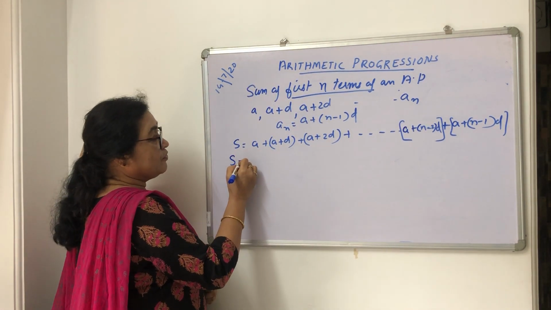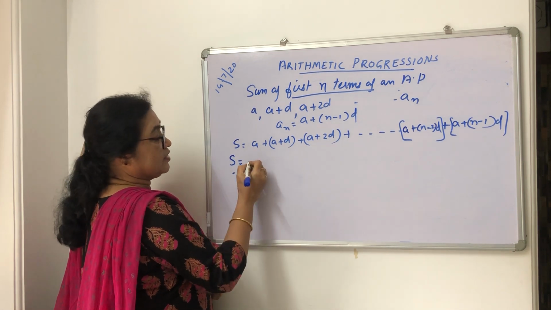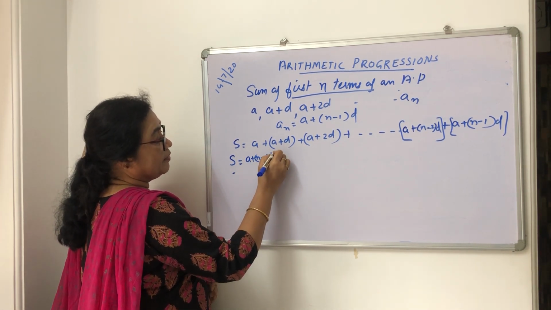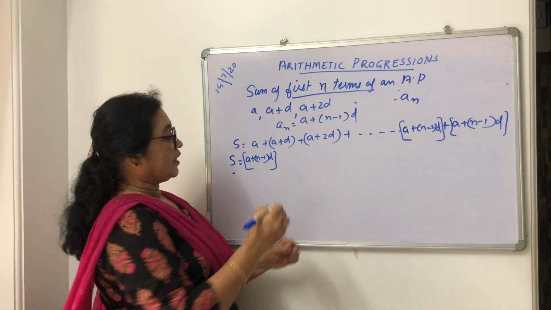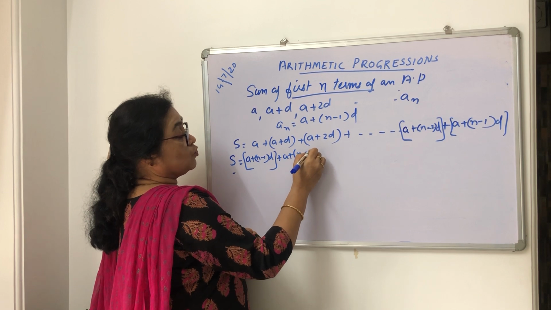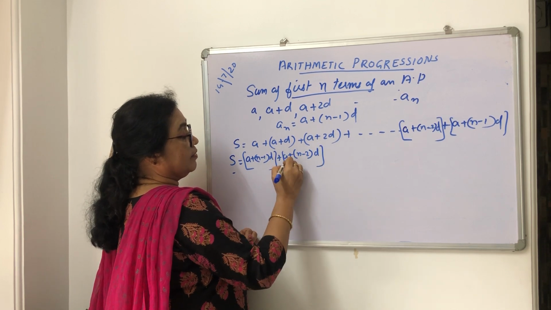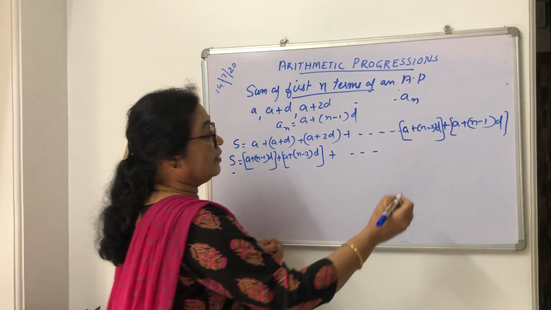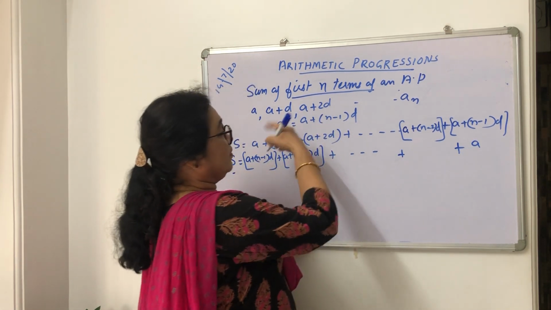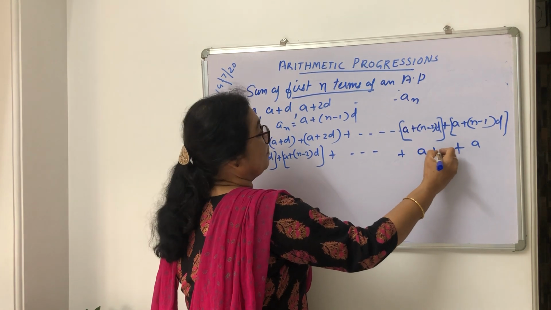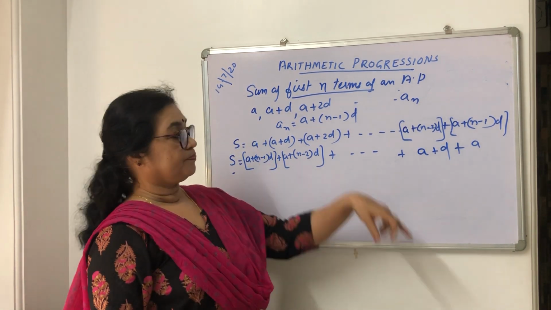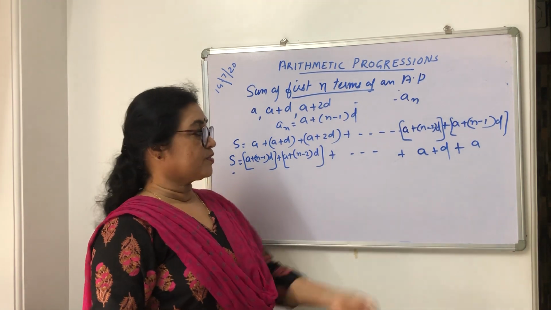The same I am going to reverse and write. The first term will become a plus n minus 1 into d, the second term will become a plus n minus 2 into d, etc. Here the last term is a, and the next term is a plus d. We have written it in the opposite way.